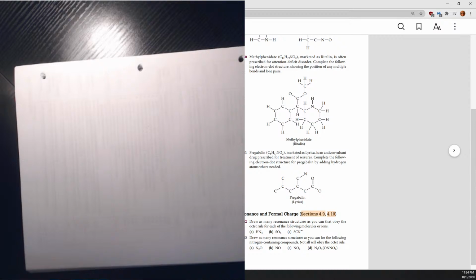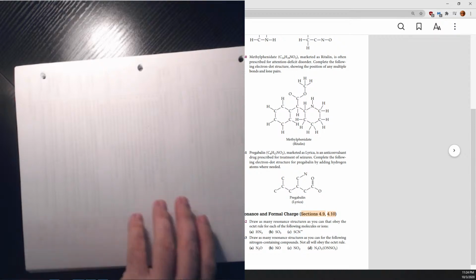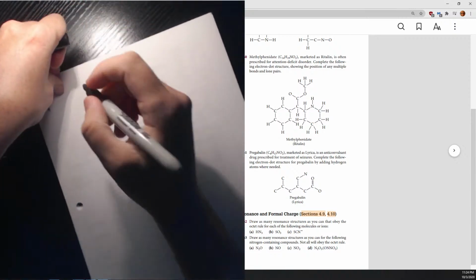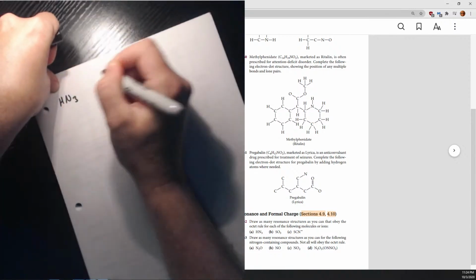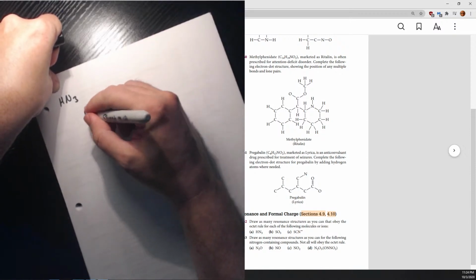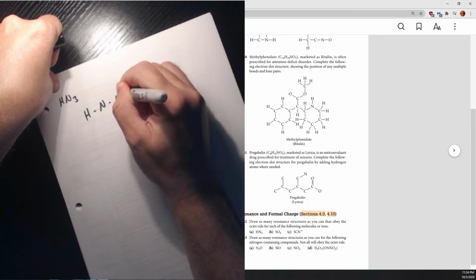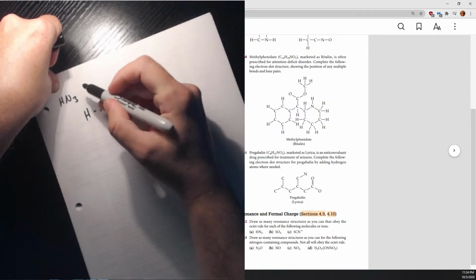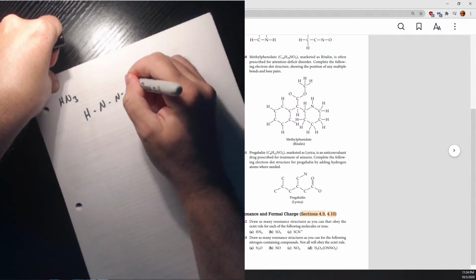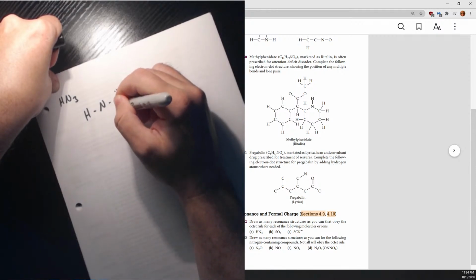HN3. All right, HN3, that's different. So, let's try a linear one. So we have 16 electrons, so 2, 4, 6, 8, 10, 12, 14, 16.